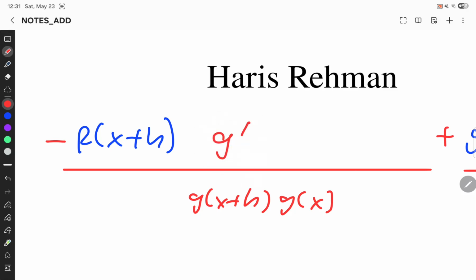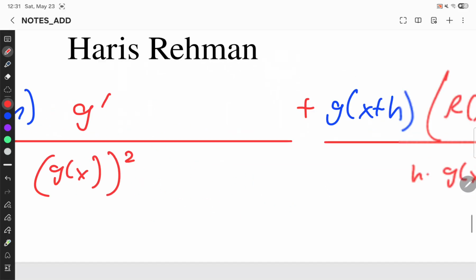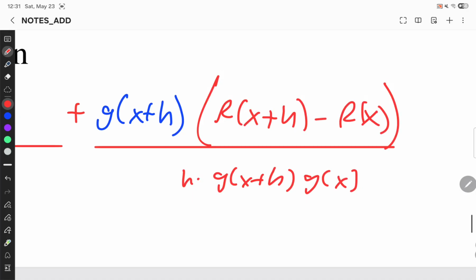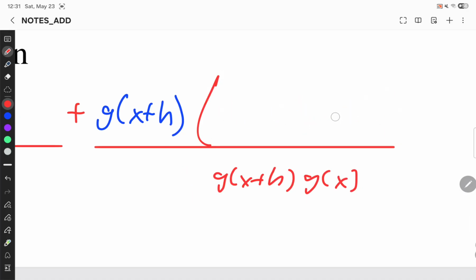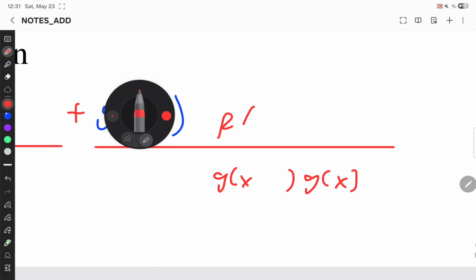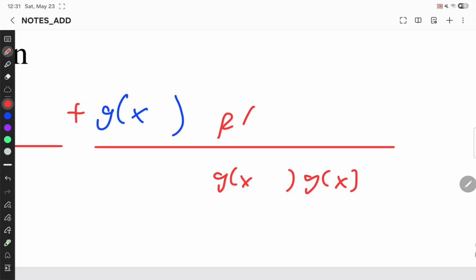and if we let h approach 0, we get g of x, this term squared. This is the definition of f prime. So this will be f prime. If we let h approach 0, this will be g of x squared.